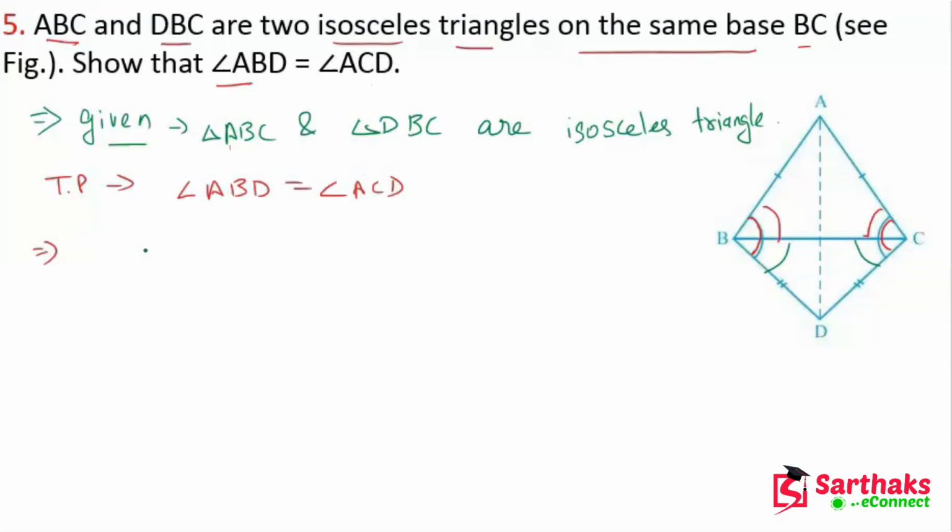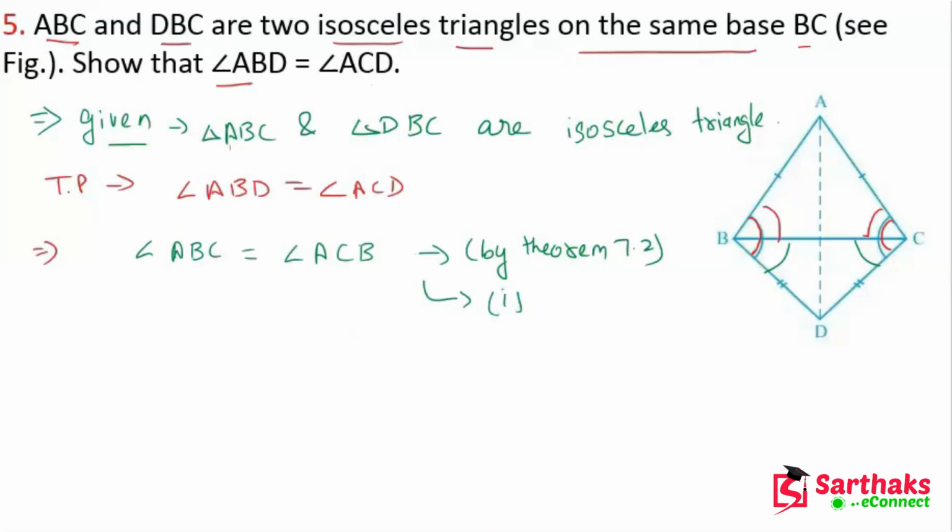So angle ABC is equal to angle ACB. Okay, this is by theorem 7.2, and this is equation number 1.